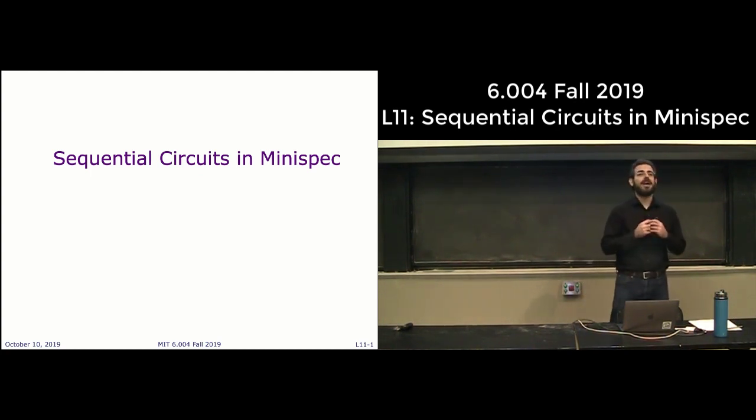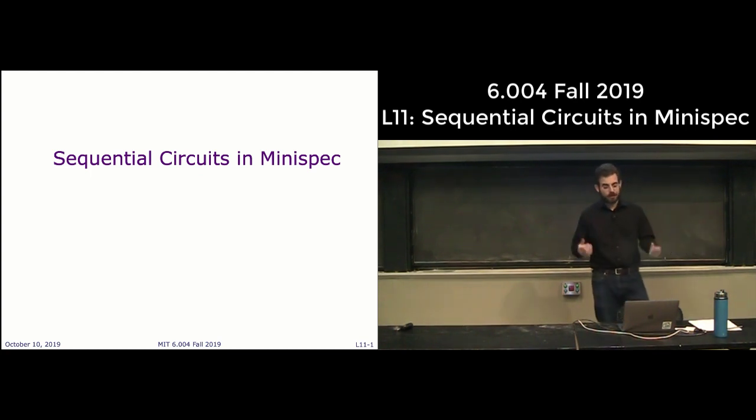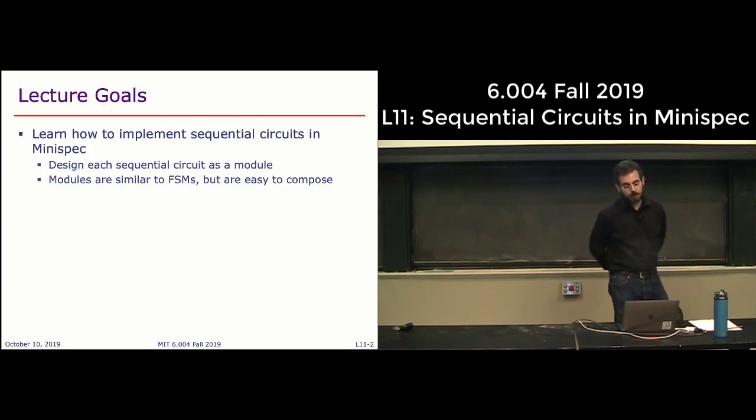But then we said, okay, we actually want to build large systems, right? And the key approach, the one strategy we're always going to use, is to compose smaller functions or smaller components and build them up into larger, more interesting ones. So today we're going to repeat the same strategy for sequential logic.